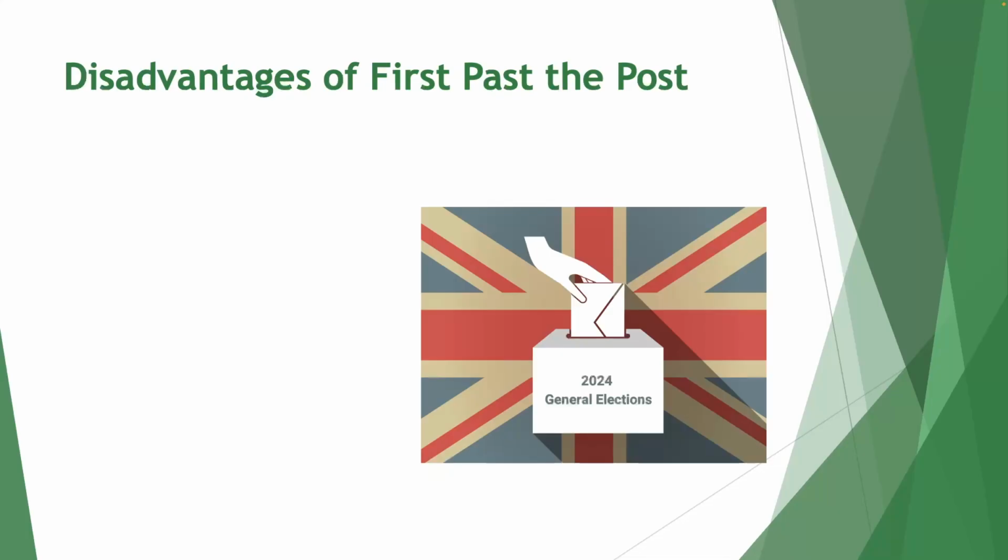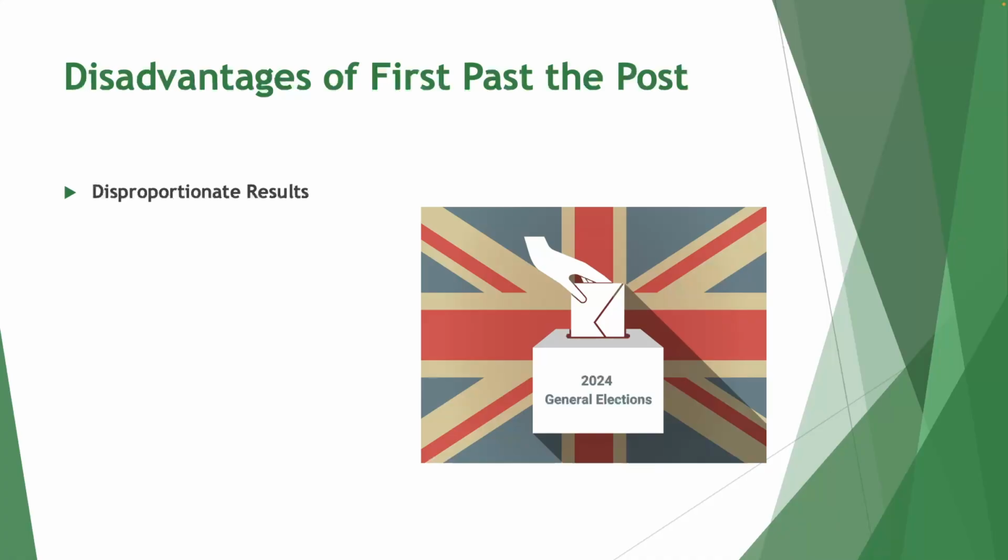Let's instead move on to the disadvantages of first past the post. And the key disadvantage, as you can probably imagine, is the fact that it is a disproportionate system. It produces results that are not proportional to the votes that are cast. So a party can win a large number of seats and only get a small percentage of the national votes, and conversely, a party can win a significant proportion of the national vote but get little to no seats in Parliament.